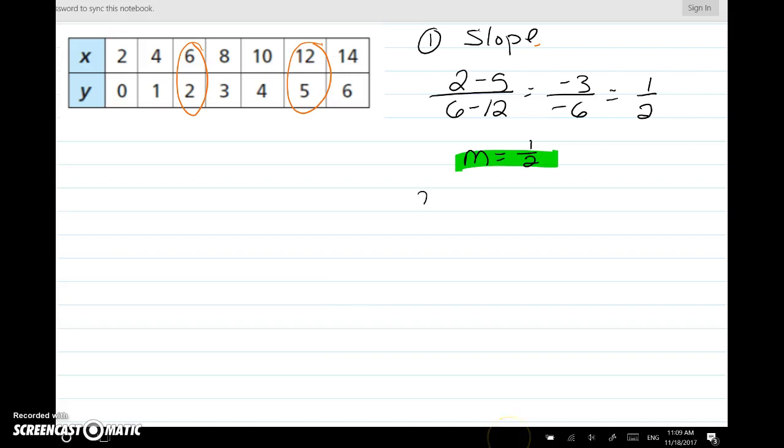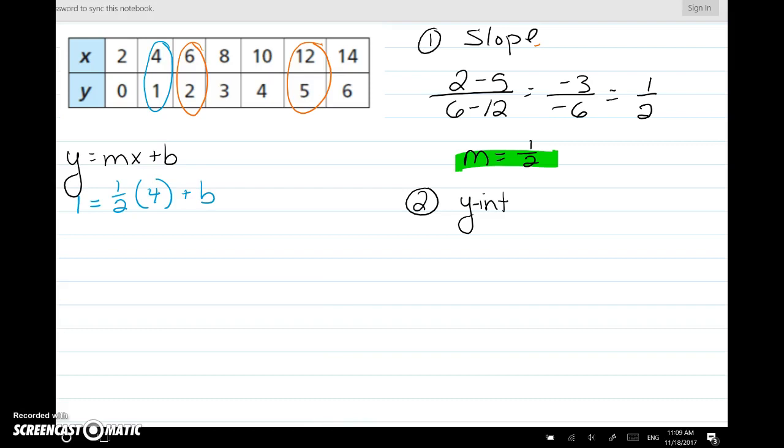Next is going to be my y-intercept. Write up my equation. This time I'm going to use 4, 1 for my x and y. My y is 1 equals my slope is 1/2 times my x is 4 plus b. 1 equals 1/2 times 4 is 2 plus b.